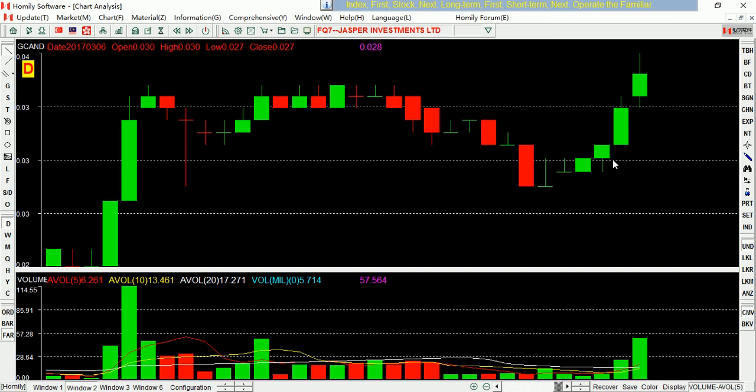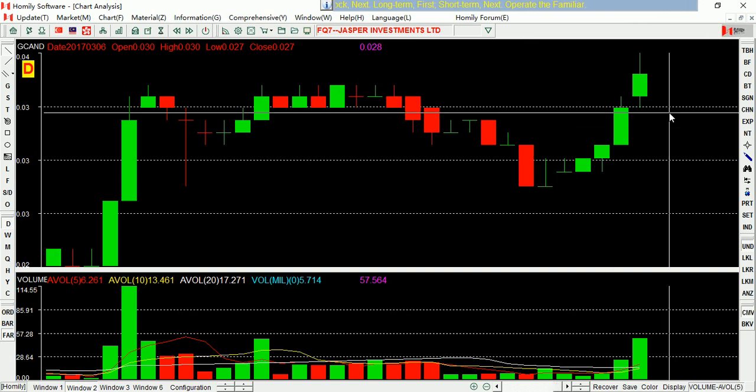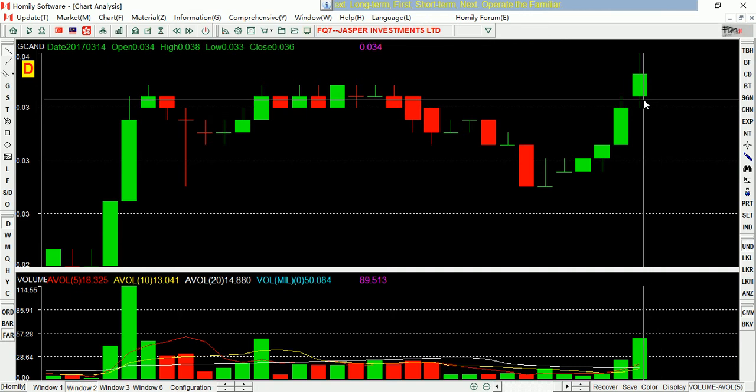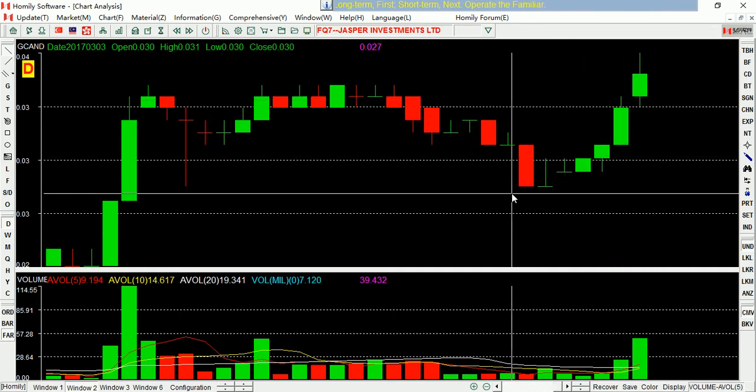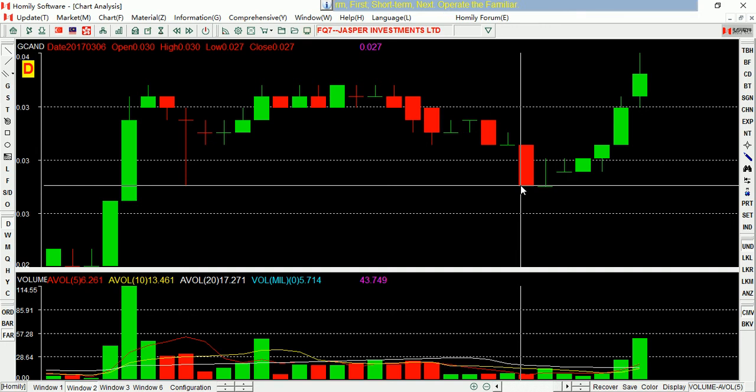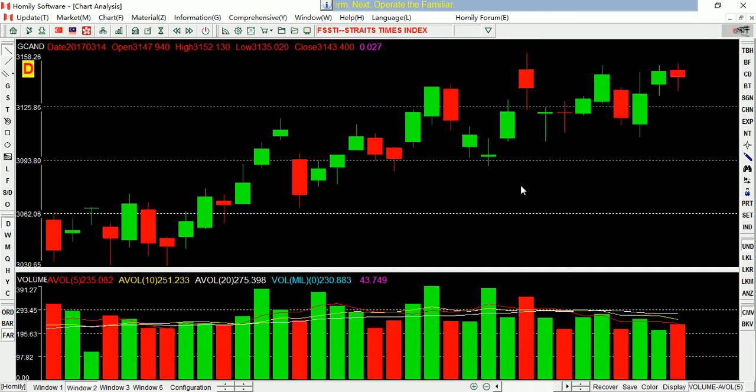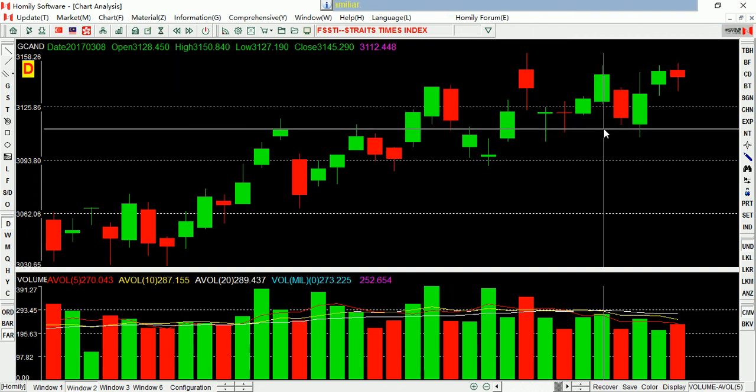So if you want to know whether this stock continue to go up or not, we can see the bullish candlestick is more than bearish one, which means the overall trend is uptrend, okay? So let's see the market. You want to know whether the market is uptrend or downtrend, you can judge based on the bullish candlestick or bearish candlestick.